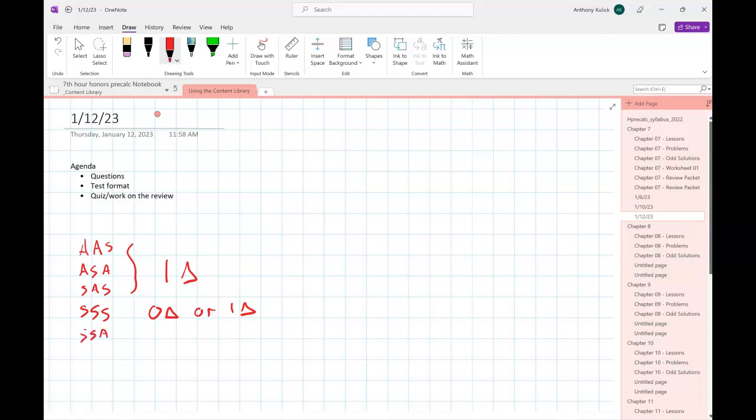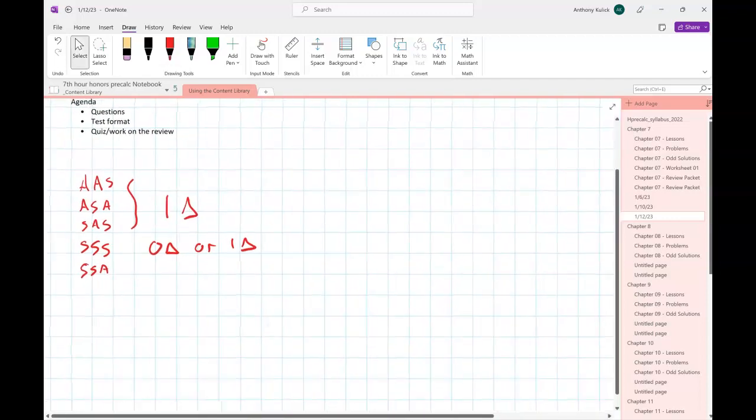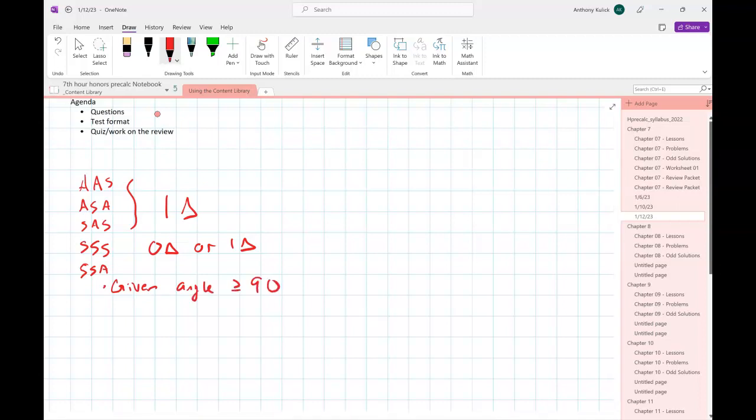And then there's the SSA situation where a bunch of different things can happen. So the first thing we have to check is the size of the given angle. Either that given angle is bigger than 90 degrees or it's acute. If that given angle is bigger than 90 degrees, two things can happen.